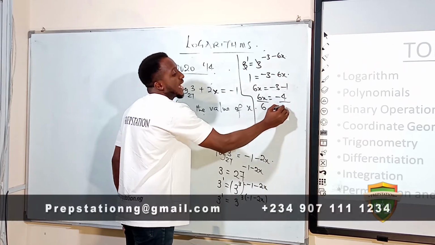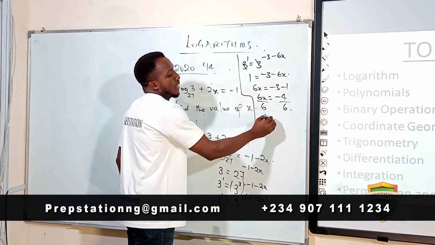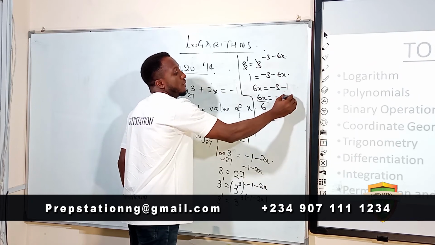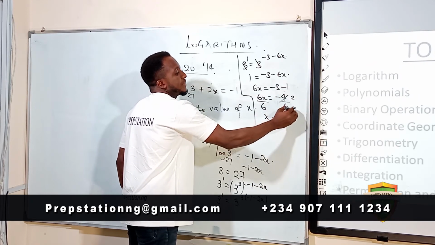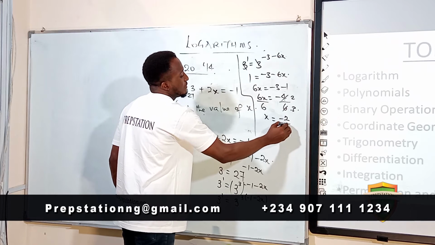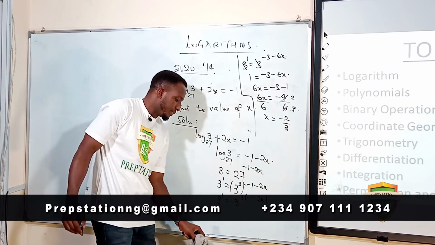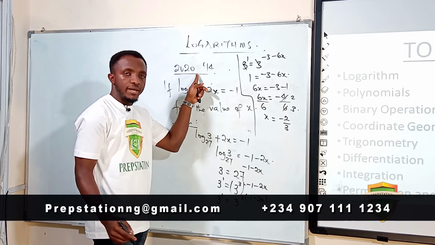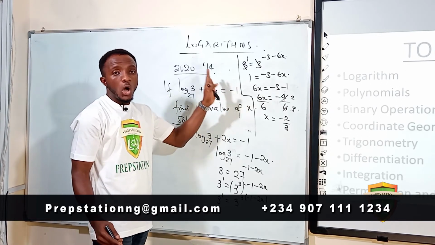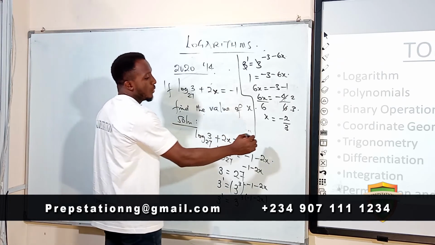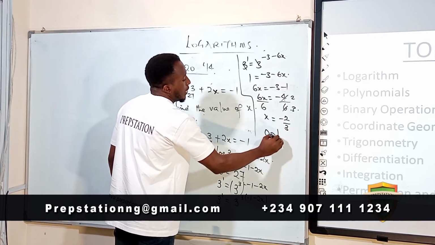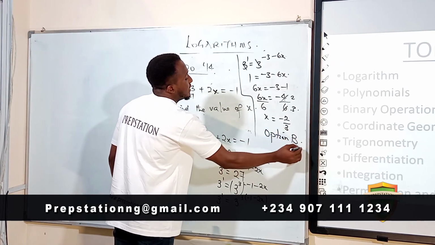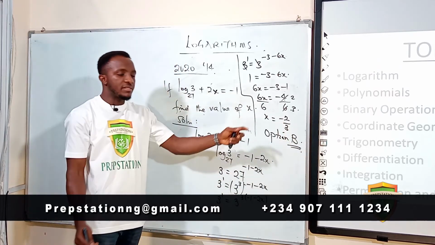If we divide both sides by 6, 2 is a factor for both. 2 here, 3. We have negative 2 over 3. Now, if you check this question, that is option B. I'm sorry, I didn't put the options on the board. Option B, which is negative 2 over 3. That's the answer.